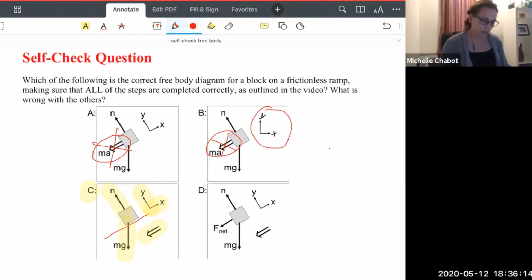And then over in D, we can see we have our tilted axes, we have our acceleration arrow near but not on the diagram, normal force and weight, but then we have our net force. The net force is not an individual force. We're going to do that in the next steps where we'll add up all our individual forces, but the net force never goes on our free body diagram.